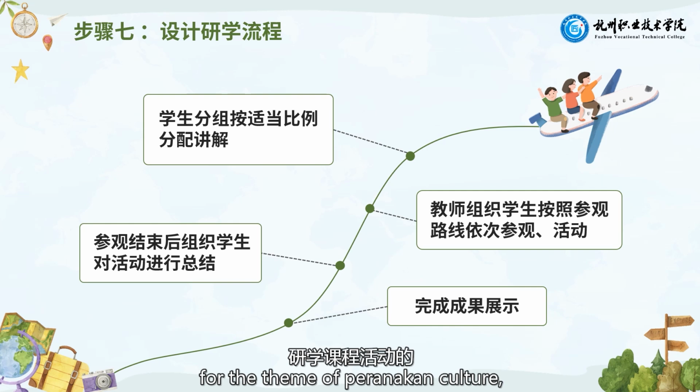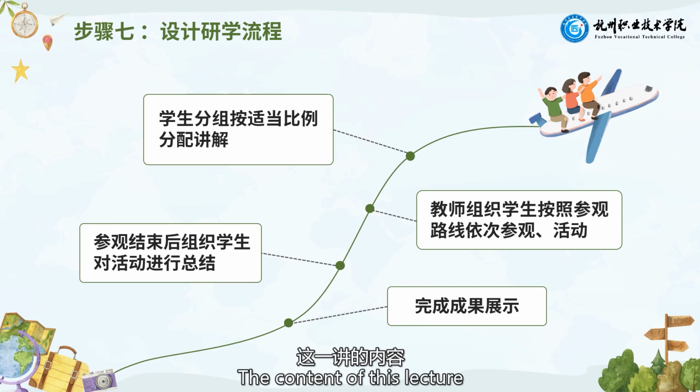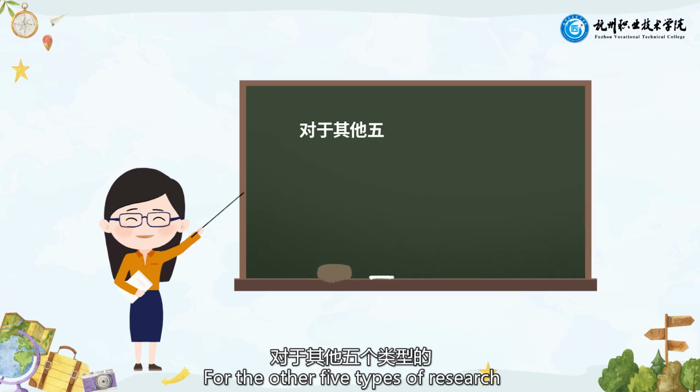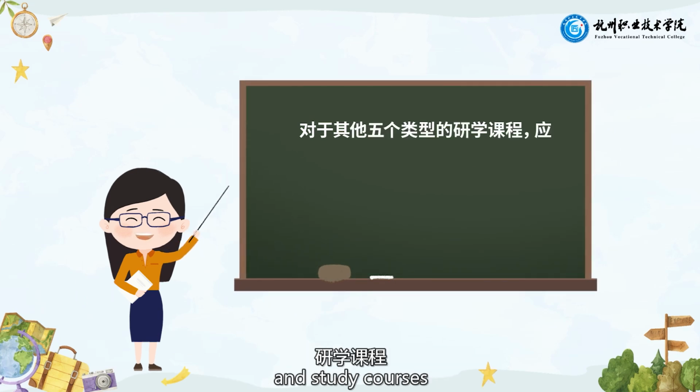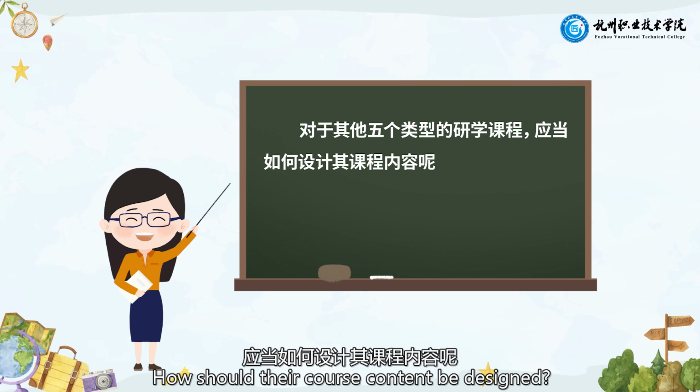For the theme of Peranakan culture, research and study course activities, the content of this lecture is introduced here. For the other 5 types of research and study courses, how should their course content be designed?